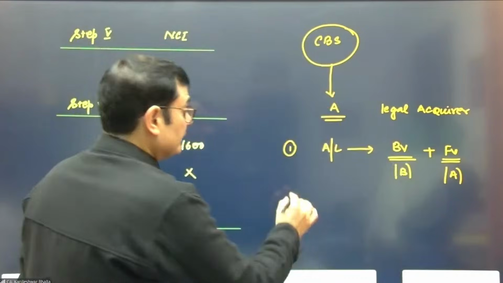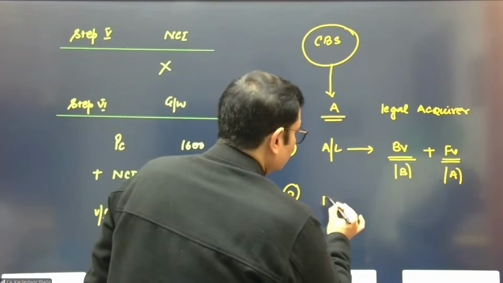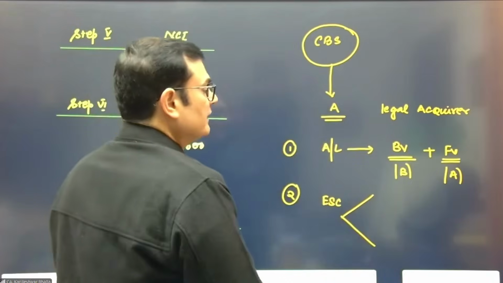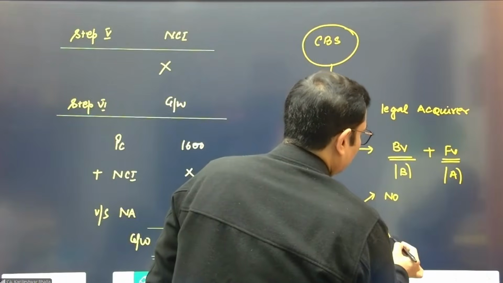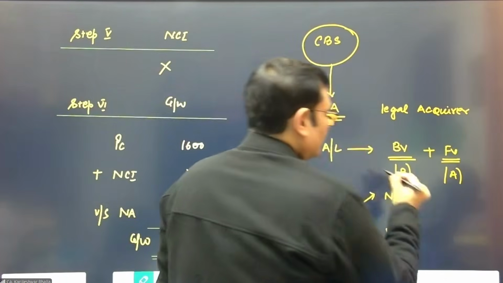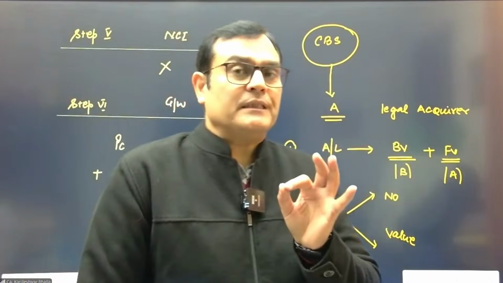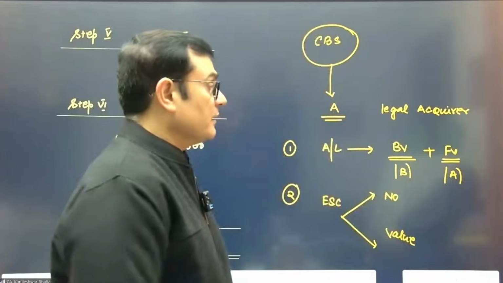That's one. The second input you need to consider is the equity share capital. Now there are two inputs. One is the number and one is the value. When you consider the equity share capital in the consolidated balance sheet, we are going to consider the number.